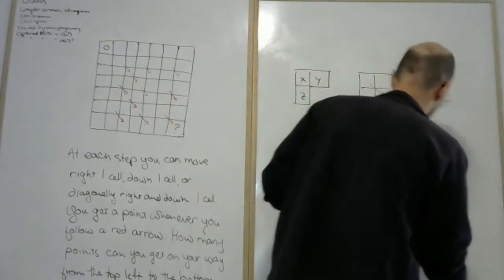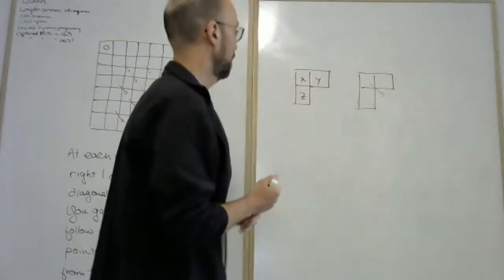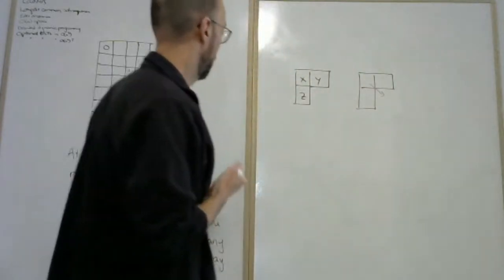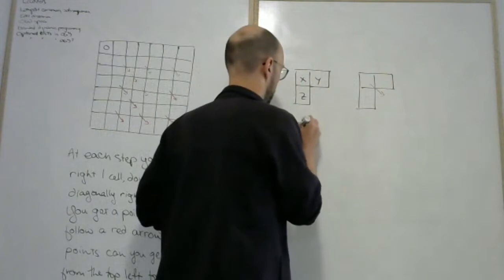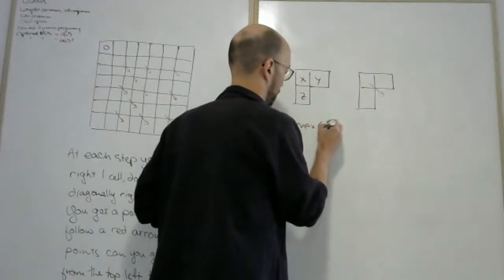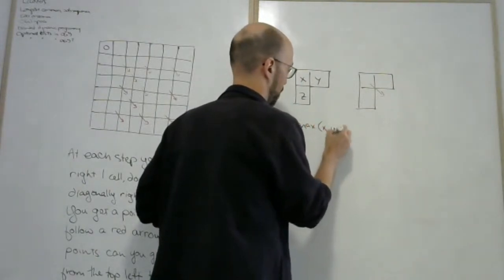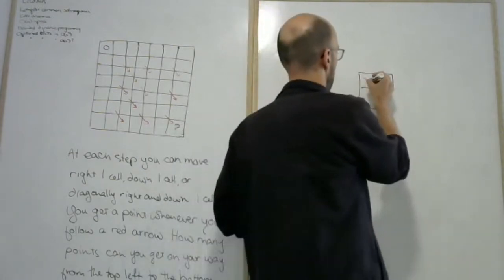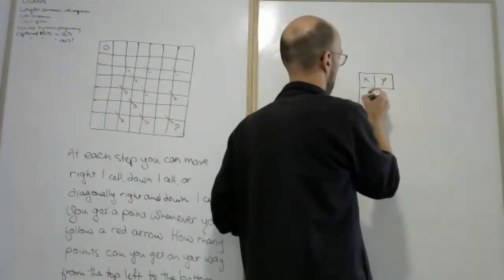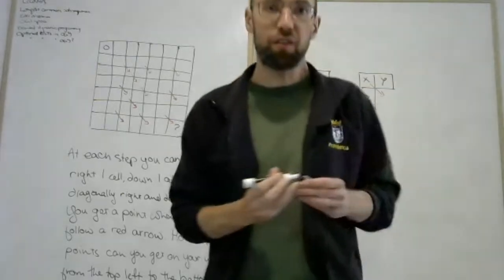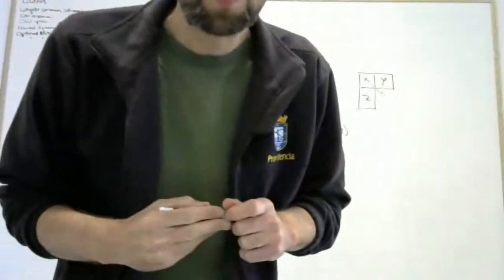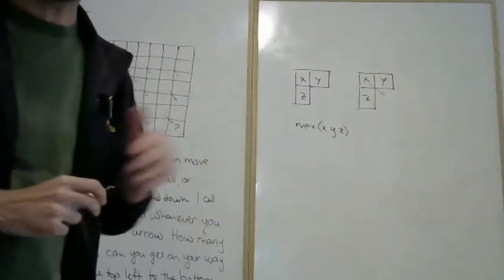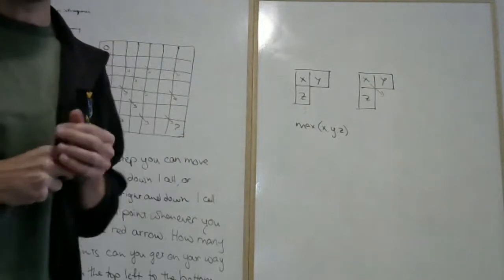If you don't have a red arrow, then it is the max of x, y, and z. I should make you do this. And if you do have a red arrow, then what is it? Last, do the... yes, they only go diagonally in this problem.